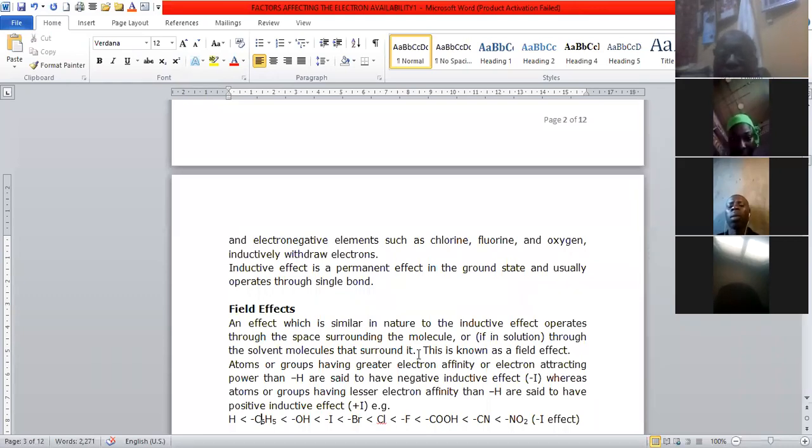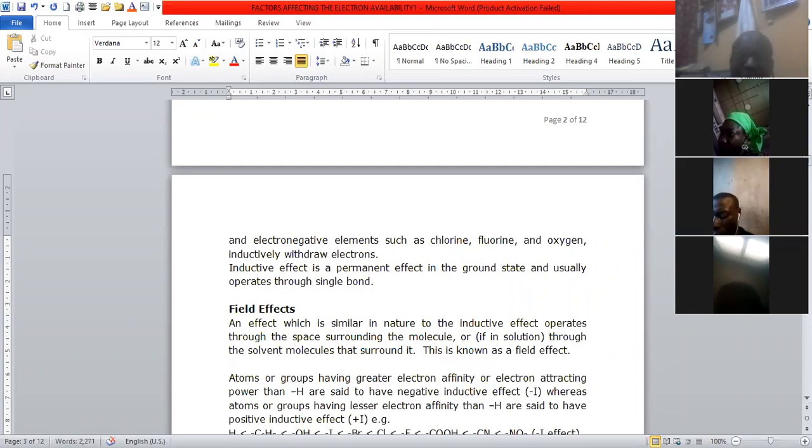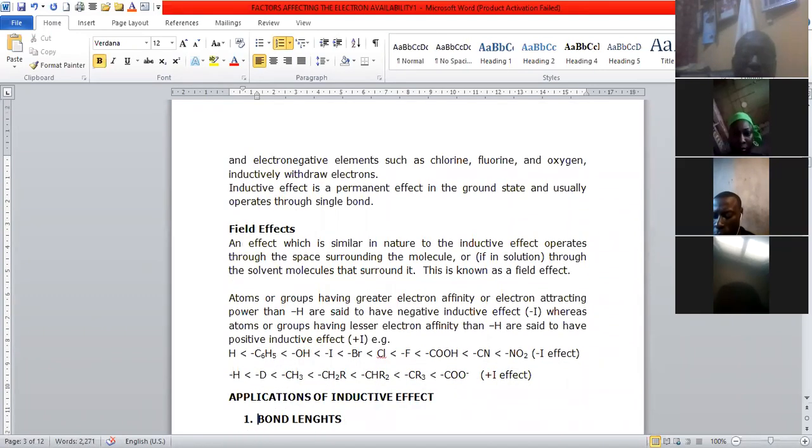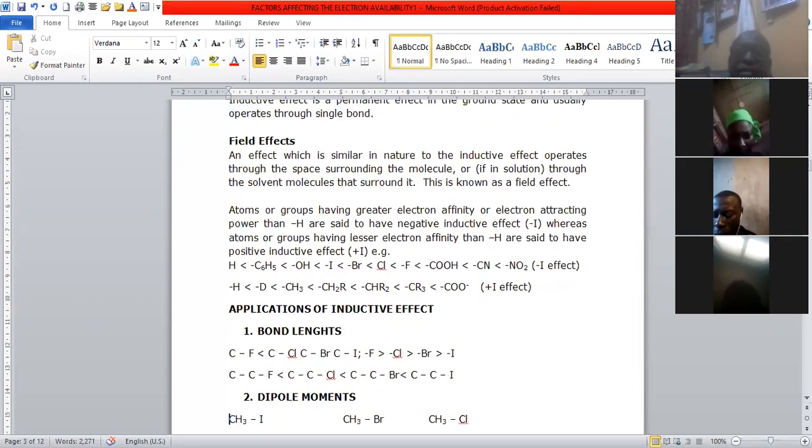That is, if inductive effect is through space or through solvent, then it is known as field what? Field effect. So it's the same thing as inductive effect, except that it's either through space or through solvent.